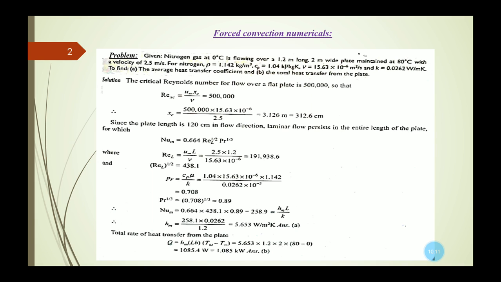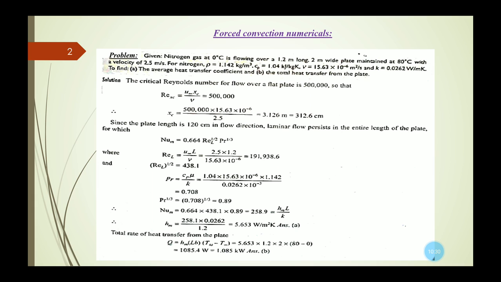So this is the procedure by which we have calculated this numerical. So for such numericals, first we need to calculate whether the value of the Reynolds number is greater or less than the critical value of the Reynolds number.